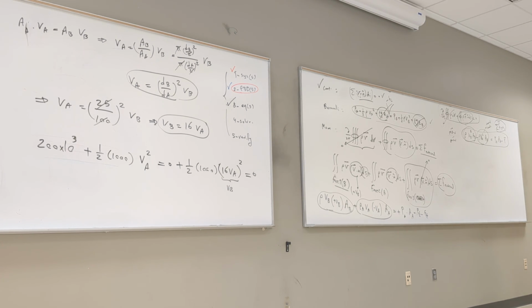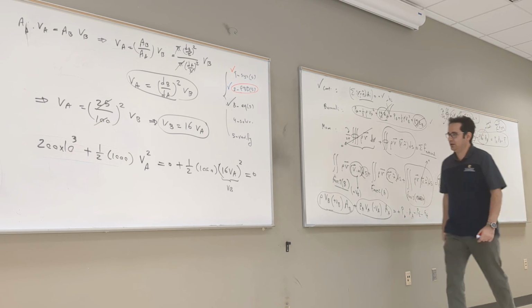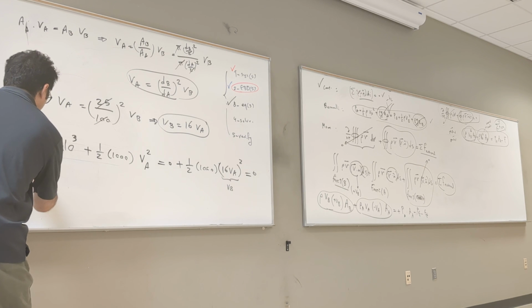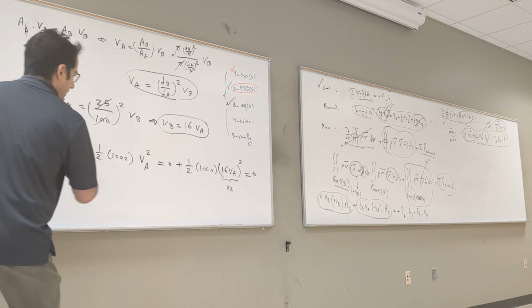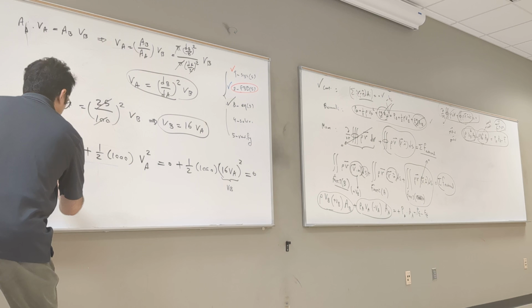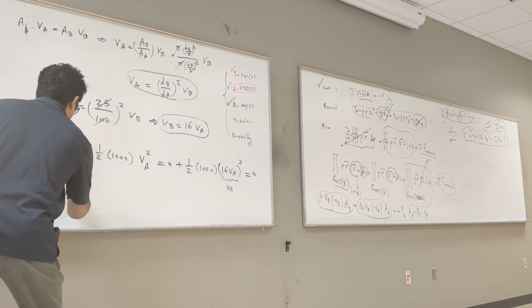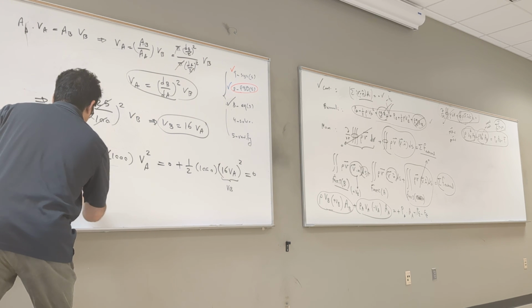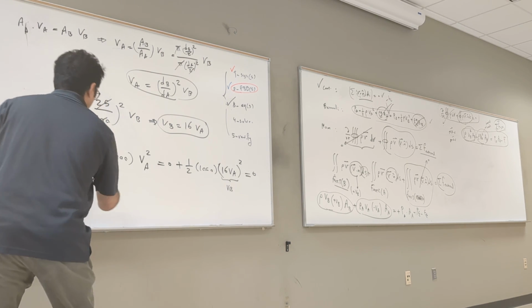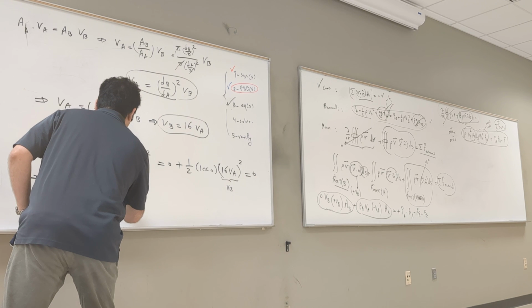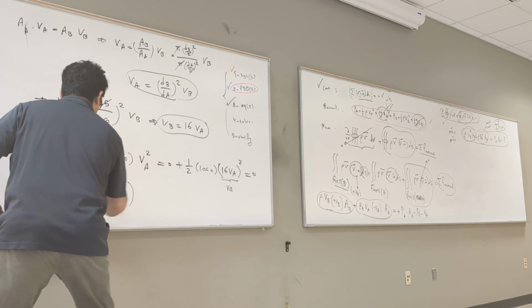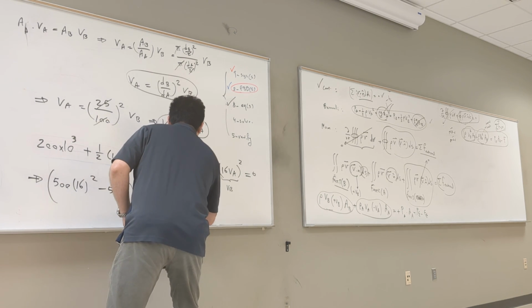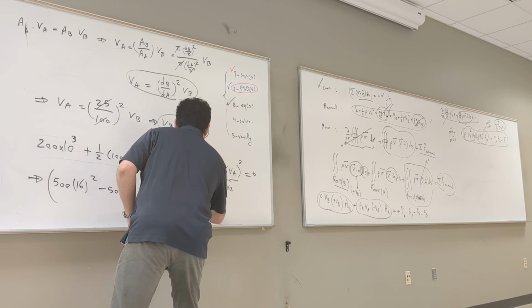All right. So solve this for VA. If you solve that for VA, you get 500 times 16 squared minus 500 times VA squared is equal to 200 times 3.